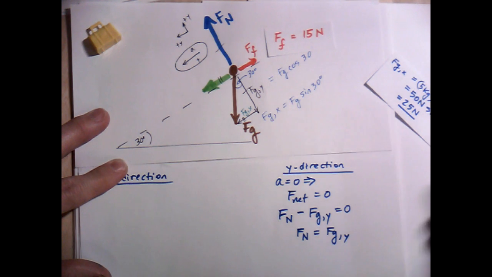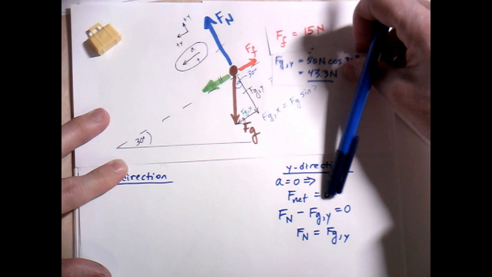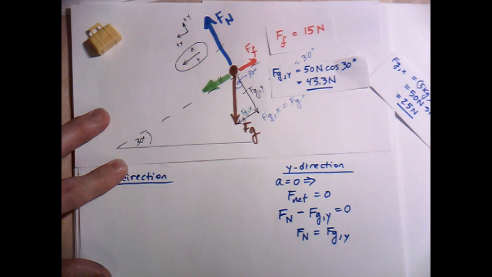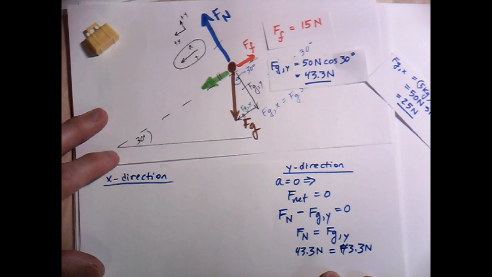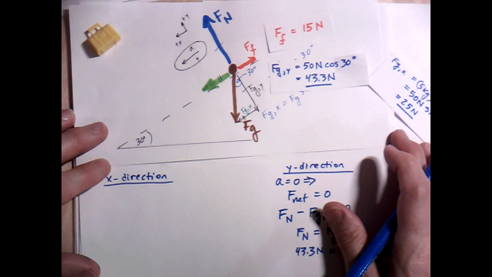And since we've already shown from our little bit of trigonometry that Fgy is equal to 43.3, the normal force is also equal to 43.3. So 43.3 newtons is equal to 43.3 newtons. Okay, so that's just extra. We weren't asked to do that, but we can do that easily from the free body diagram.